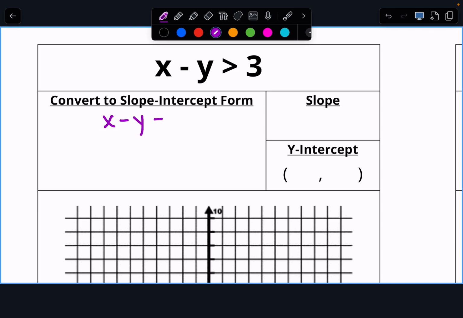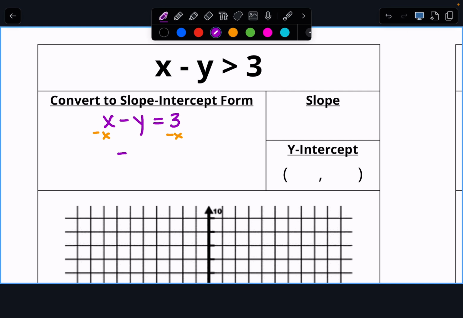So our line is x minus y equals 3. I know that some of you can do a lot of steps in your head, and that's really cool. But let's start by subtracting x.